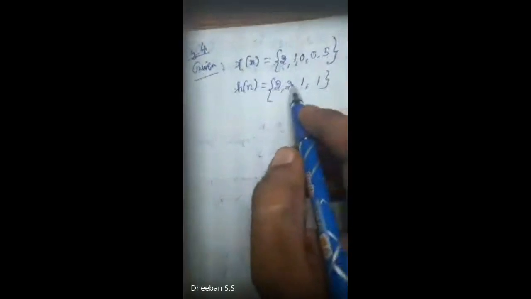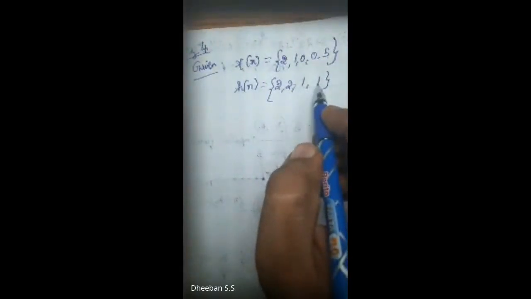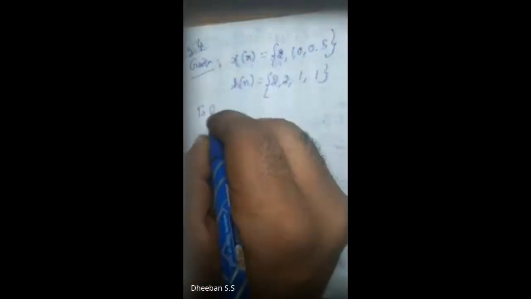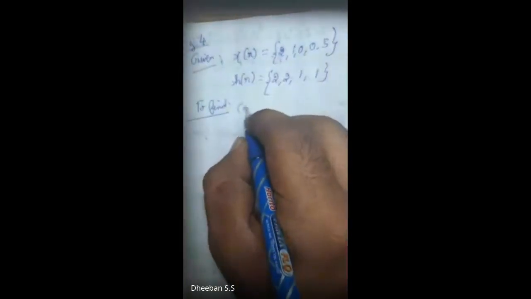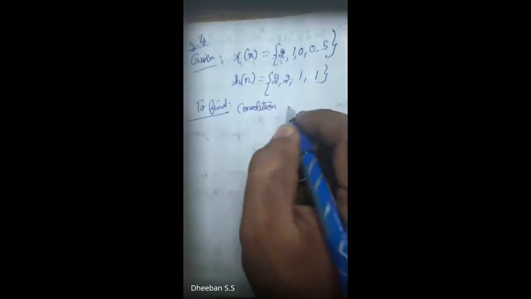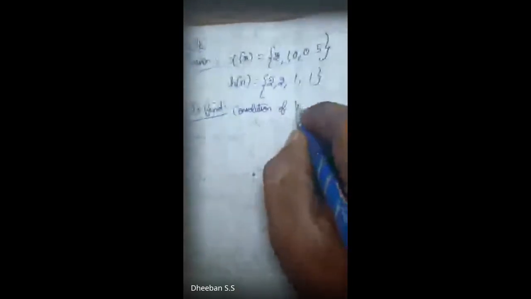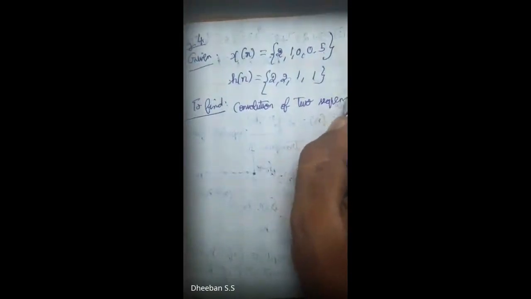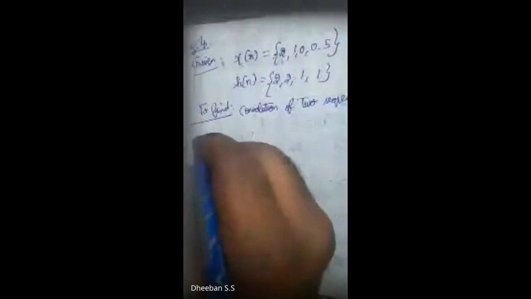So here there are 4 samples, and for h of n also there are 4 samples. They ask to find the convolution of the two sequences. Solution.